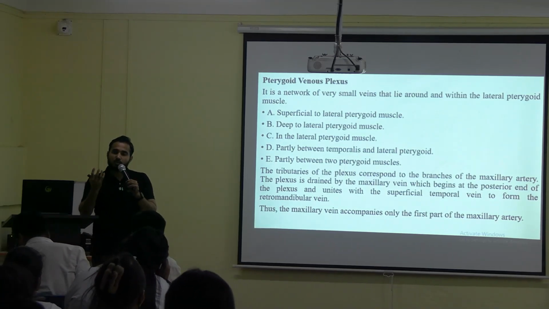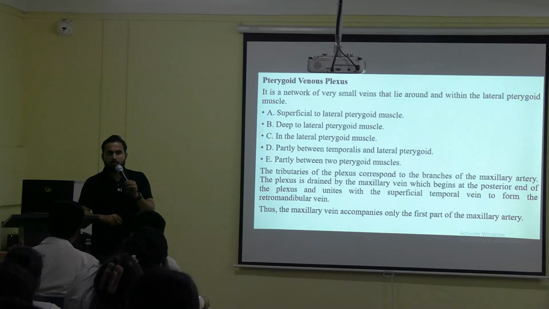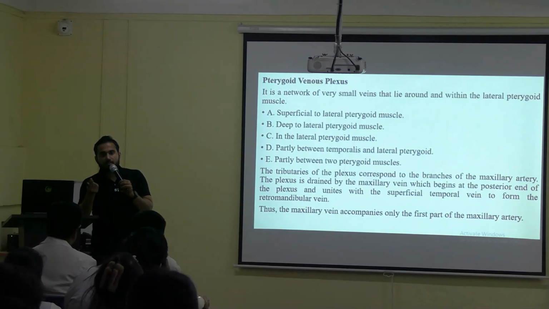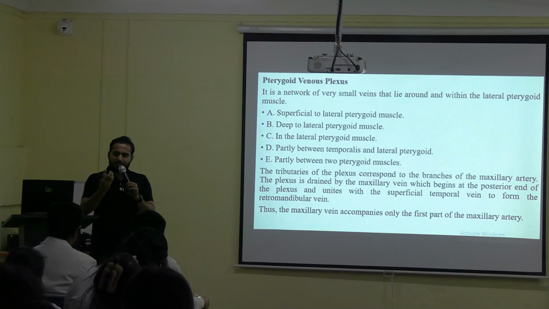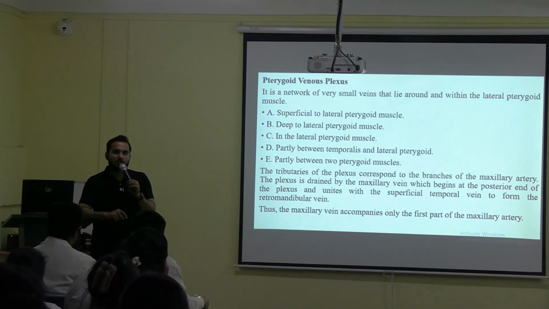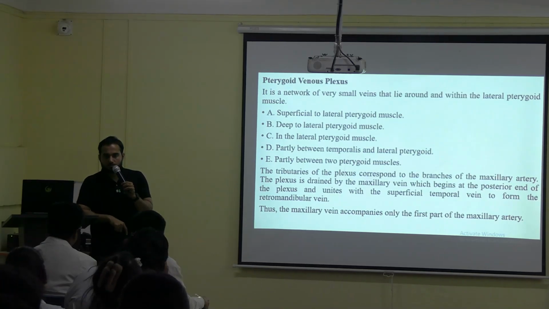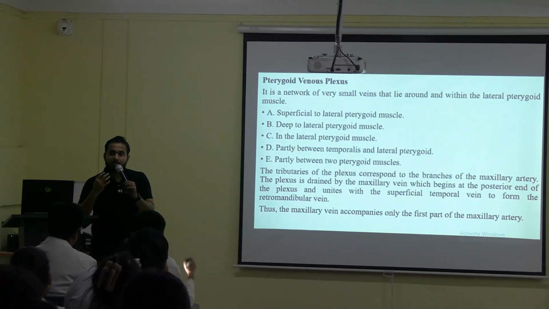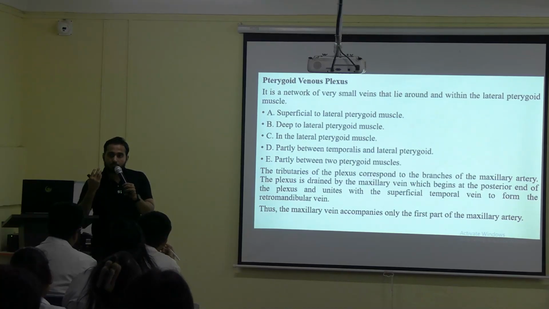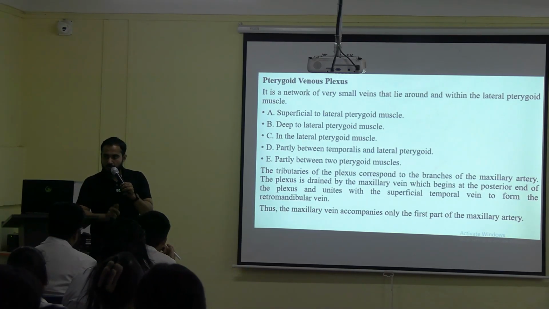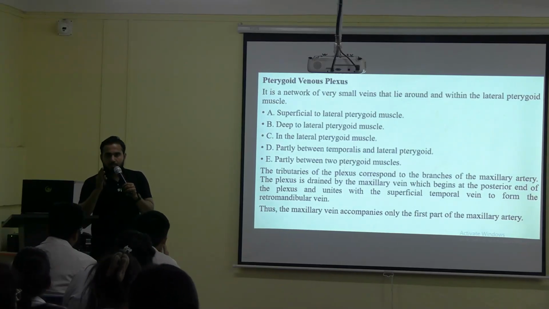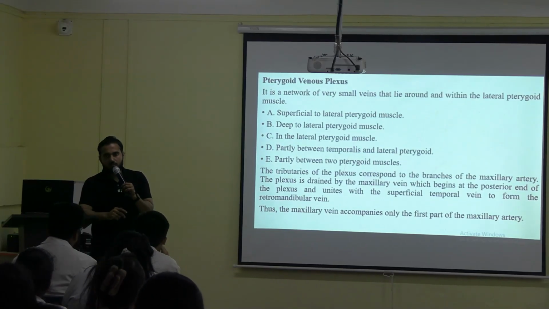At that time, due to the contraction of the muscle, ये जो pterygoid venous plexus है, इसमें से venous return होता है. That means blood which is almost stagnant in that pterygoid venous plexus goes back into the maxillary vein, and it goes into the cavernous sinus also. Okay, so whenever you are yawning, it increases the venous return. So this is the justification behind the yawning.